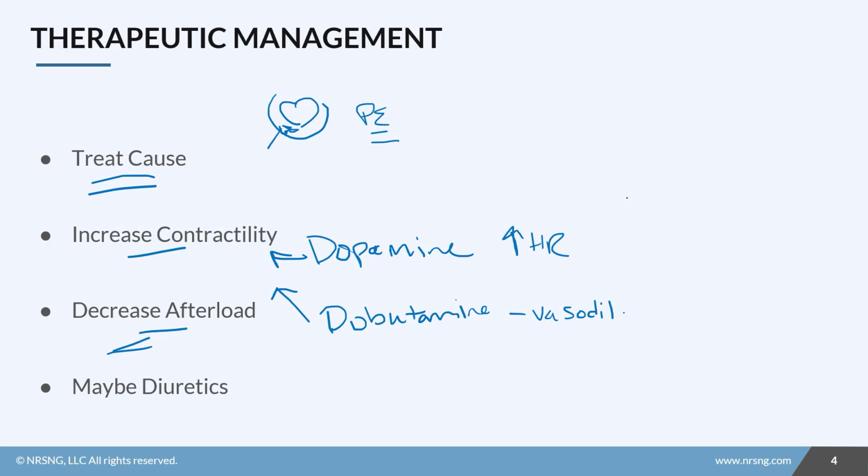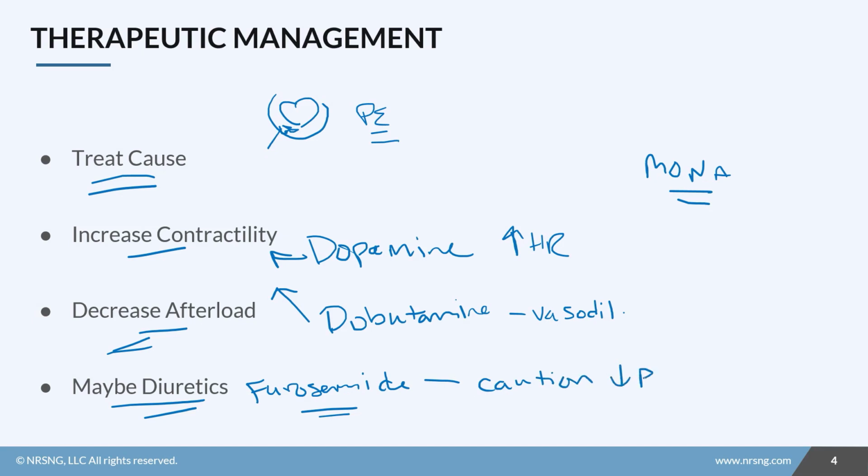Now, if they had an MI, they'll also get MONA. MONA always comes along with her MI patients. If the patient has developed severe pulmonary edema, we may give them diuretics like furosemide to help get some of that fluid off. We just want to take caution here because remember, in shock, a lot of times they have a low blood pressure. So we don't want to drop their blood pressure too low.